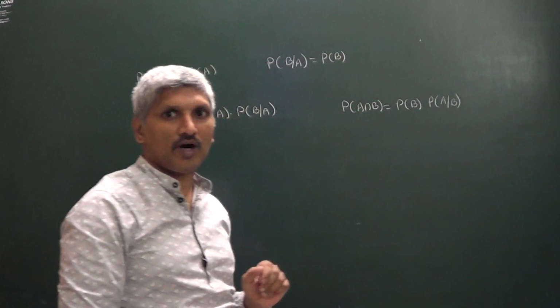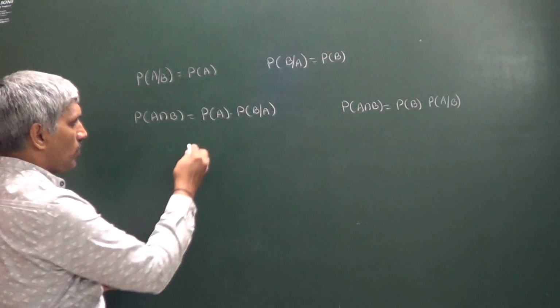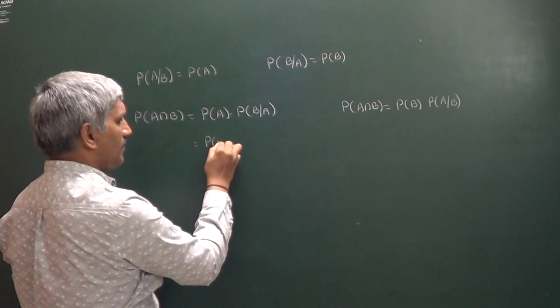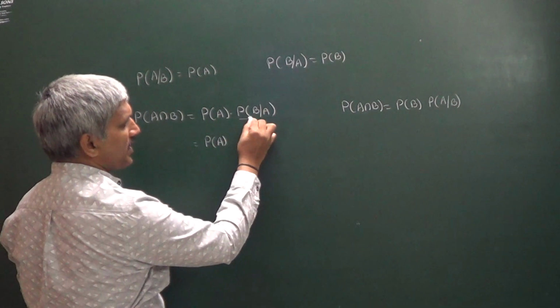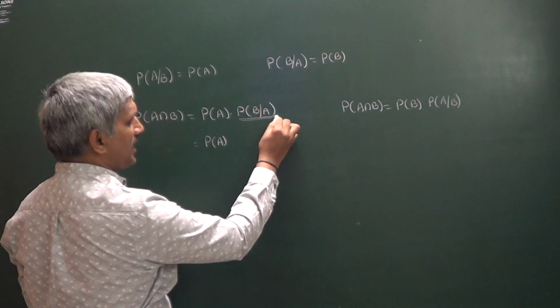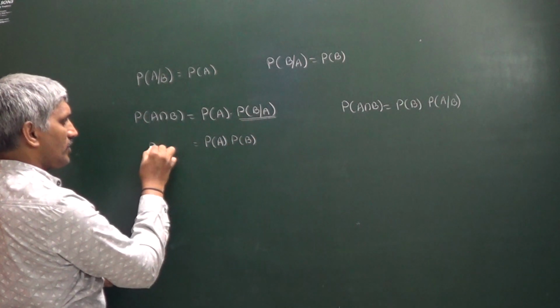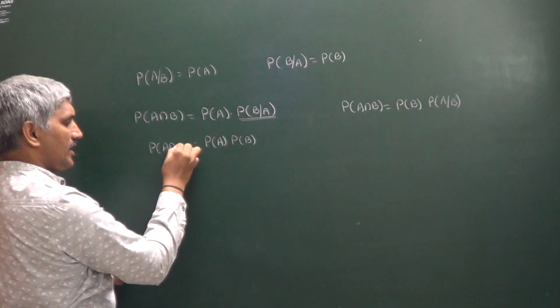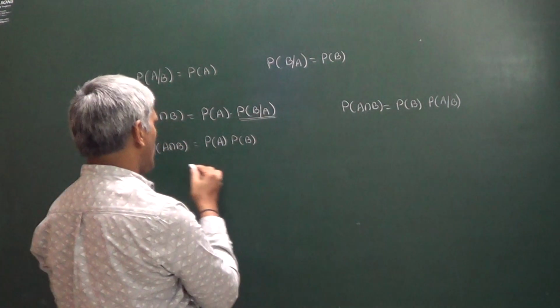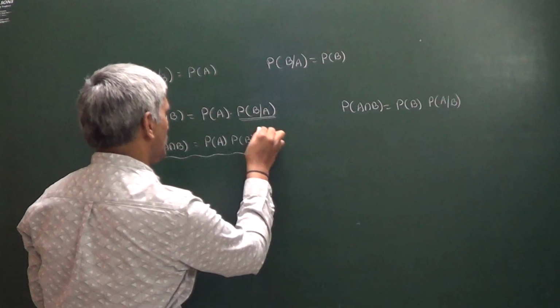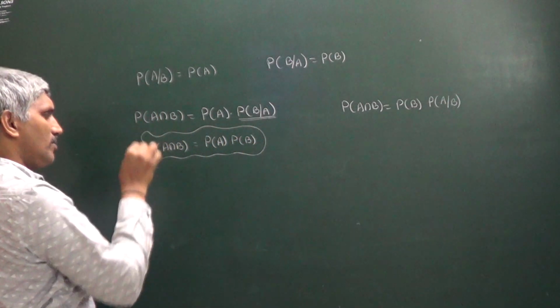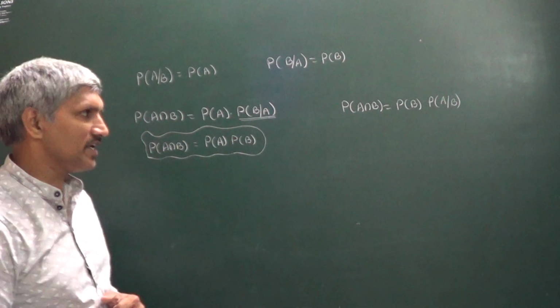But when A, B are independent events, what happens to this one? In case of independent events, P of B by A is equal to P of B. So P of A intersection B is equal to P of A into P of B. Then we can say A, B are independent events.